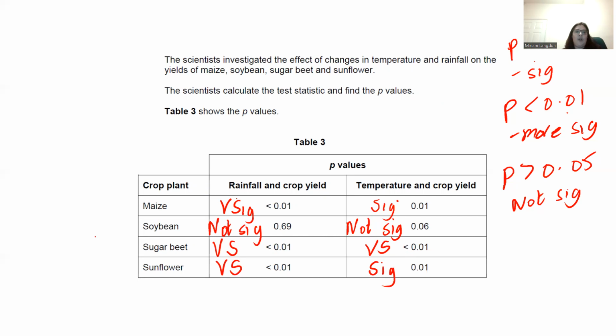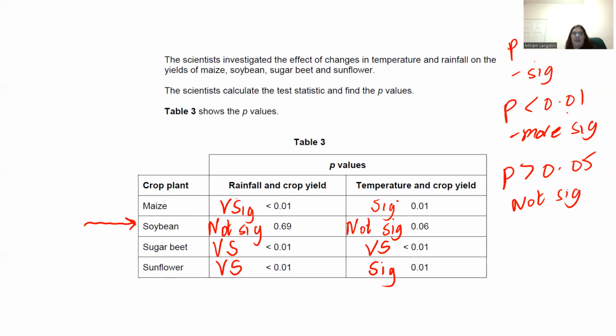So what can we say? Well, it looks to me like for soybean, there is not a significant correlation between rainfall and crop yield, or between temperature and crop yield. In other words, there is more than 5% probability that the correlation is due to chance. However, with the other three, there is a significant correlation between rainfall and crop yield, and between temperature and crop yield.